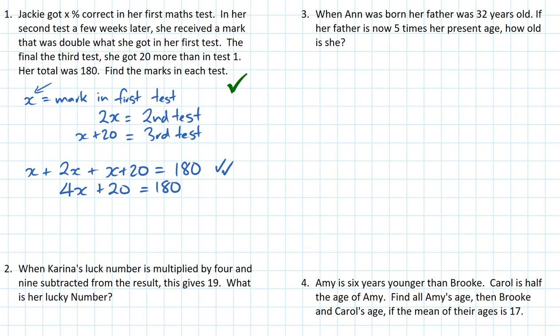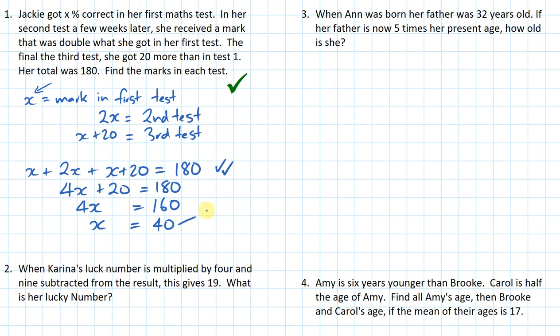With equations, remember, whatever we do to one side of the equation, we need to do the same thing to the other side. So I'm going to subtract 20 from both sides. When I do that, I'm left with 4X on the left-hand side and 160 on the right. So 4X equals 160, dividing both sides by 4, I end up with X equal to 40.